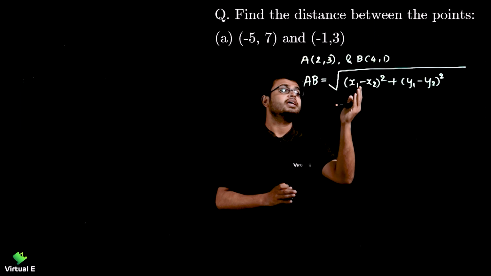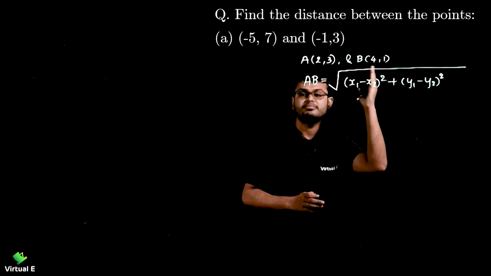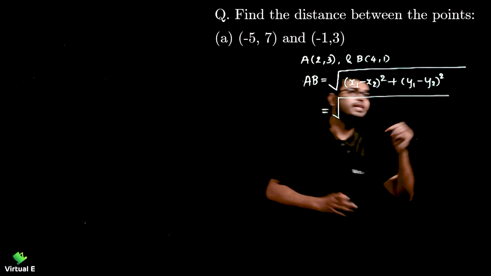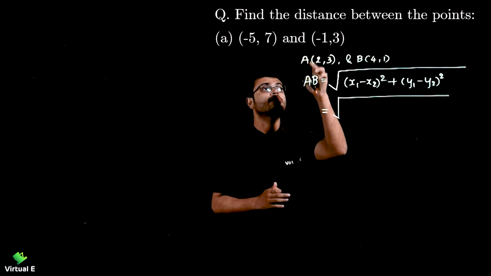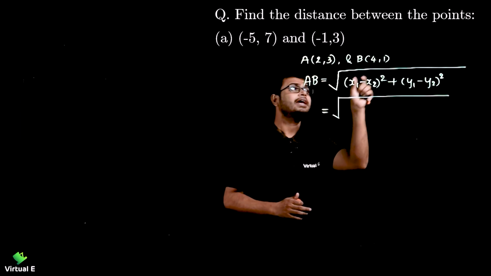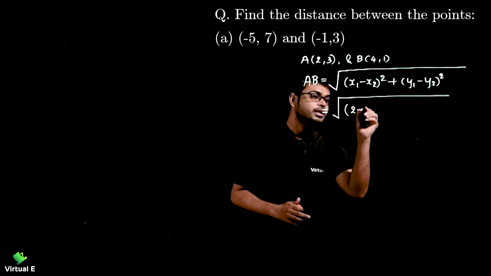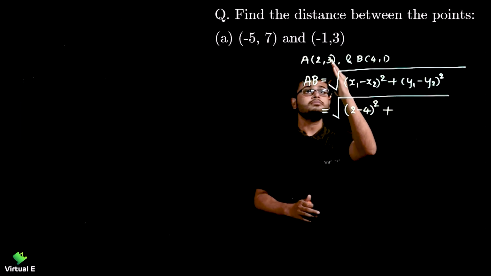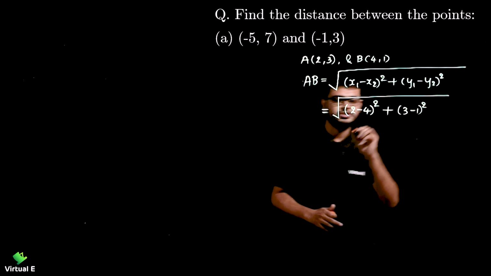So we will be taking the first point as A and the second point as B. Rather than thinking of x1 and x2, always remember AB means you need to take the x coordinate from A and the x coordinate from B and subtract. So that will be 2 minus 4 whole square plus 3 minus 1 whole square.